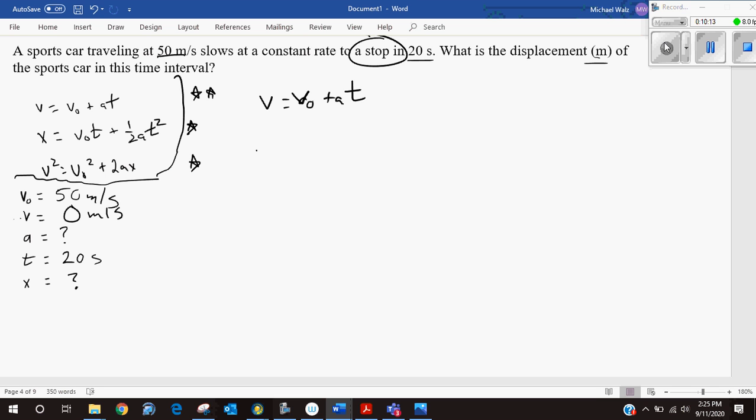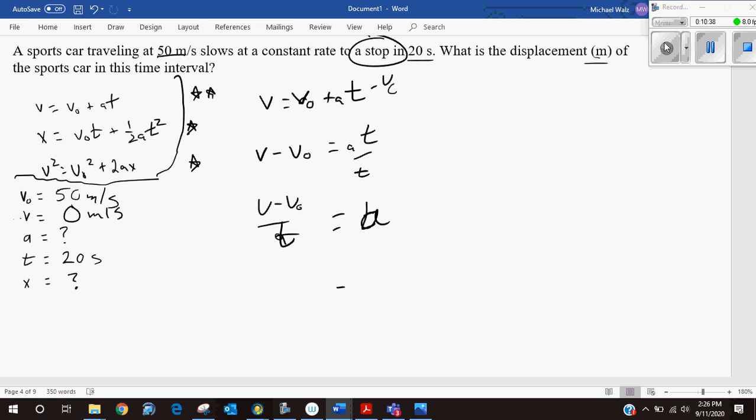So if you solve for a, it'll look like this. V minus v sub naught divided by a is going to give me time. Oh, shoot. I wrote that wrong. Sorry, I'm getting late on this video.